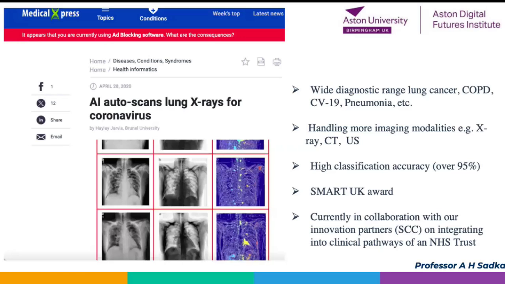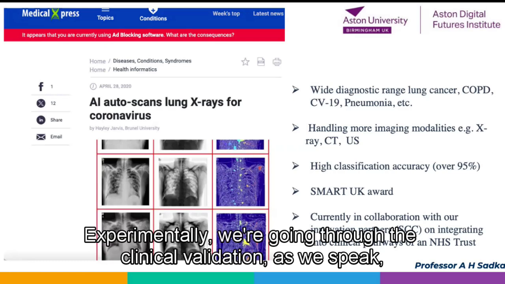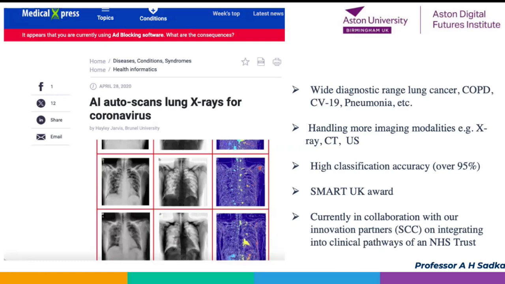So this algorithm has been validated in our lab experimentally. We're going through the clinical validation as we speak in order to integrate it into the clinical pathways. We are in talks with one of the NHS trusts in West Midlands to do that.